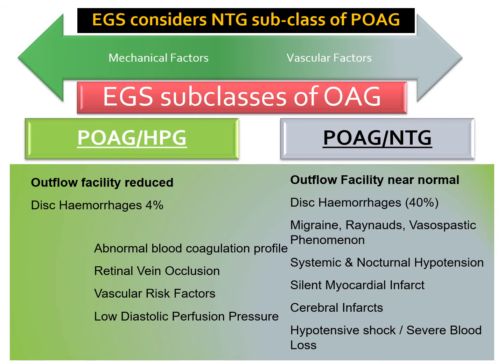But as far as normal tension glaucoma goes, they are far more likely to have migraine, Raynaud's, other vasospastic phenomena, systemic or nocturnal hypertension, silent myocardial infarct, cerebral infarcts, and so on. And so it does, to me, show that evidence alone would suggest there's got to be something different going on with normal tension glaucoma. Outflow facility is not reduced particularly, and there are a lot more vascular issues associated with it.